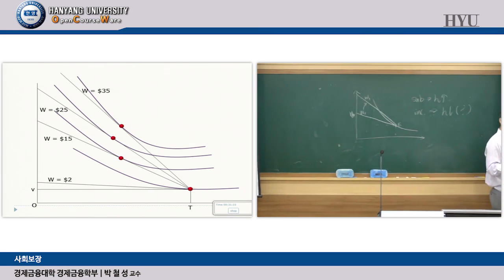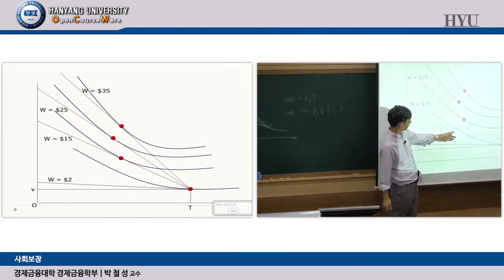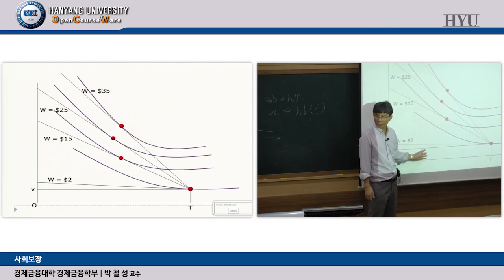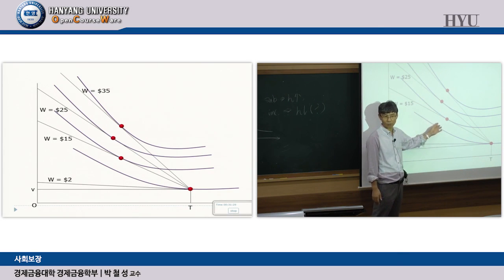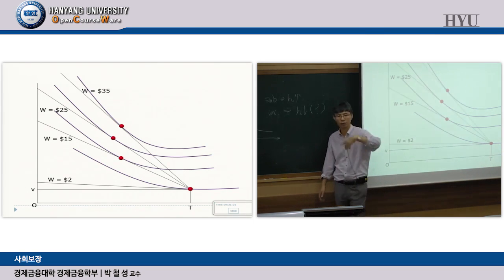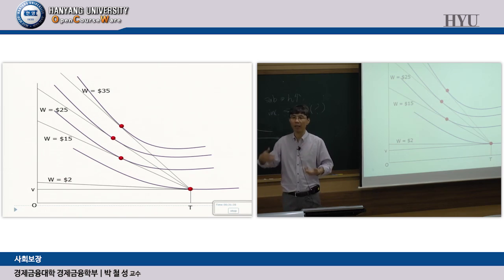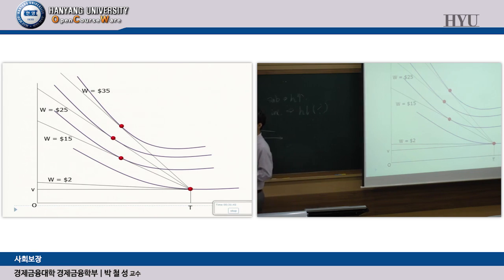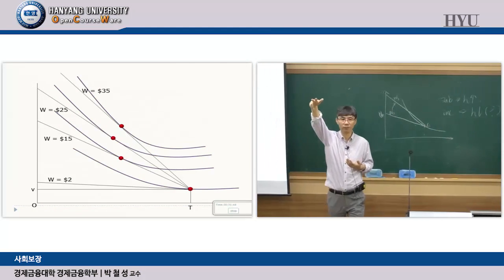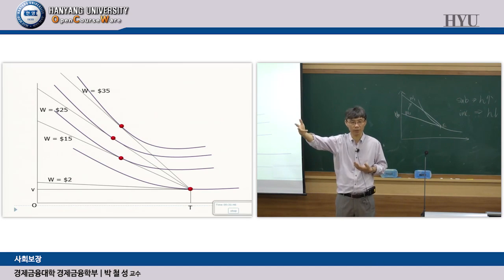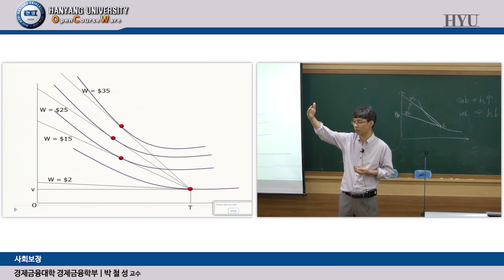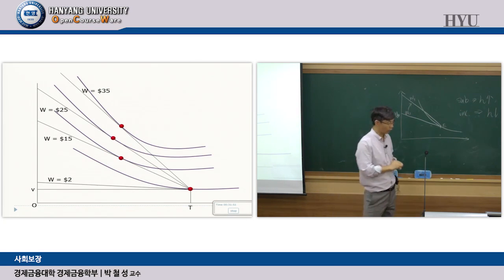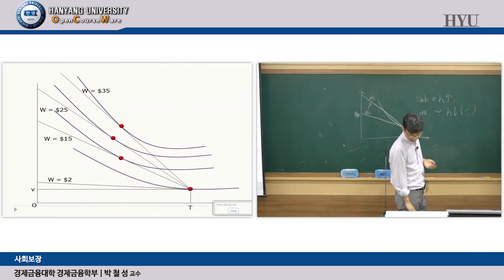Theoretically, you can show that when the wage goes up, at first the substitution effect is stronger than the income effect, and later the income effect tends to dominate the substitution effect. Meaning that at first, when the wage goes up, labor supply, the number of hours, increases. Then at some point, when the wage goes up enough, the reverse happens. So the wage goes up, and the number of hours working is going to decrease.